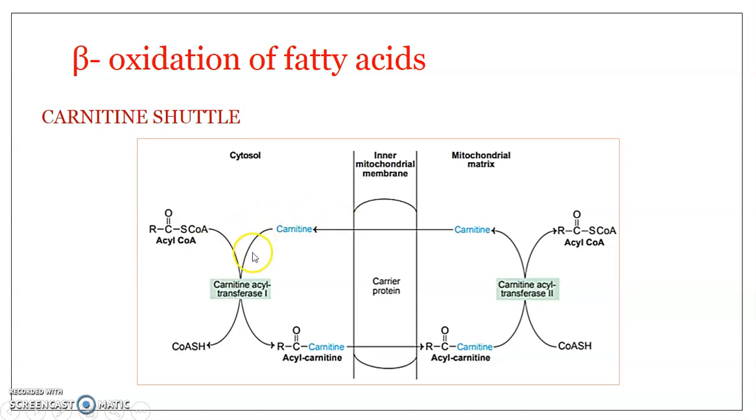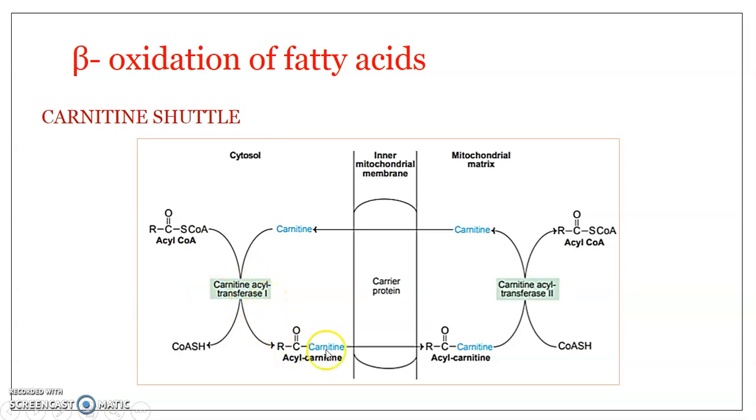This reaction results in the formation of fatty acyl carnitine, and during this process coenzyme A is released. Now, this fatty acyl carnitine is the one which is going to get transported through the inner mitochondrial membrane. The whole reaction is catalyzed by carnitine acyl transferase 1, or we can say CAT1.